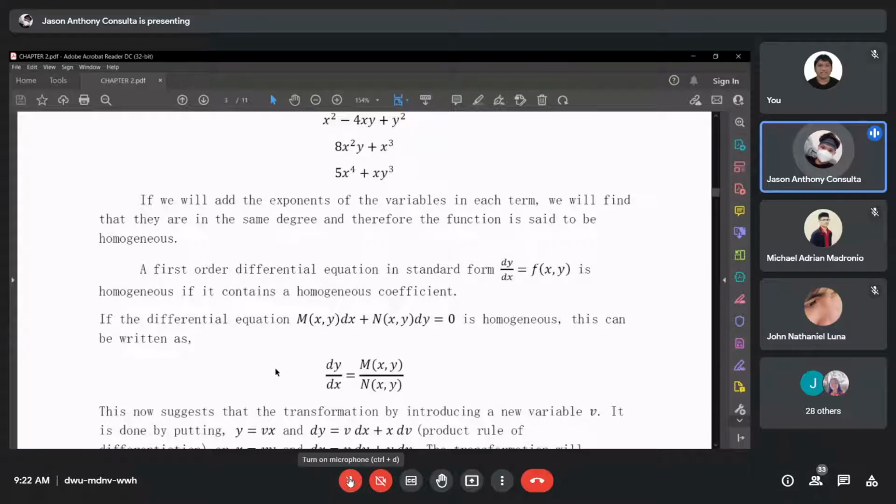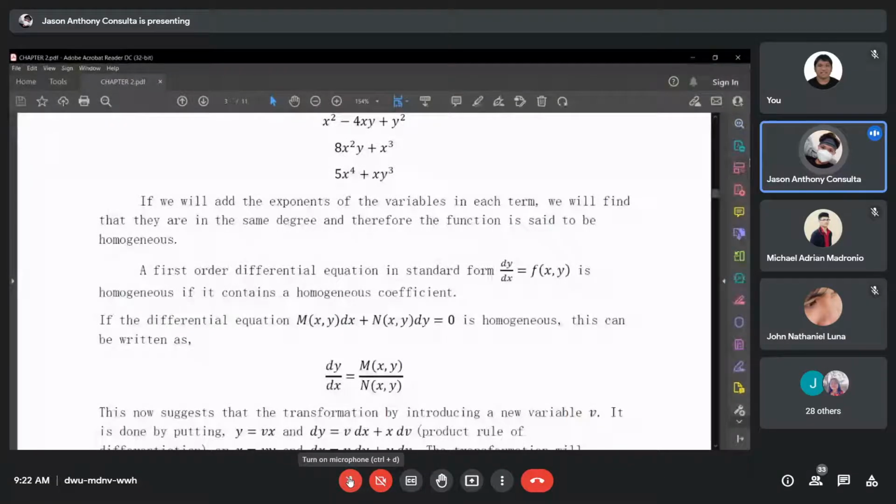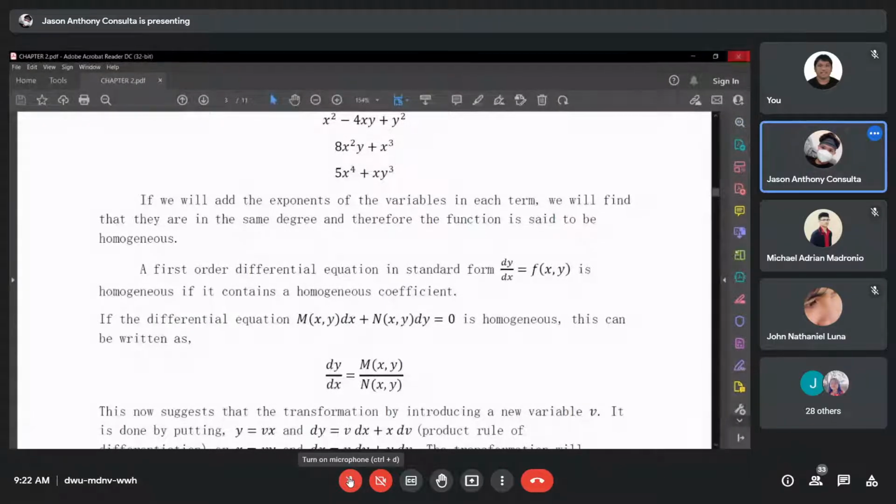So a first order differential equation in standard form is dy over dx is equal to f of x and y. Okay, so kanina, very simple yung equation since it is in the form m dx and n dy. For this one, we have two variables, x and y.